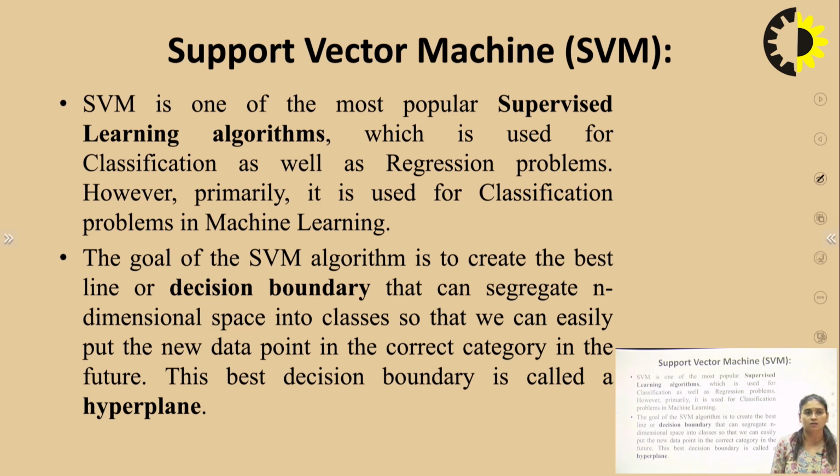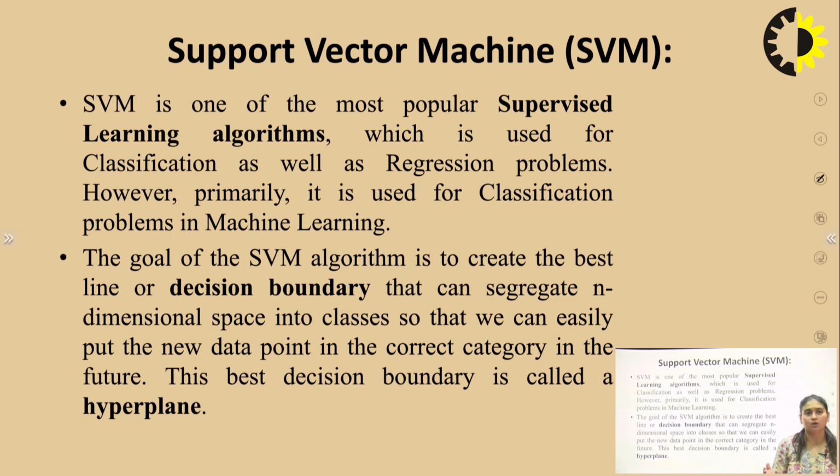Decision boundary is nothing but the best line which can segregate the data into different classes, as we are classifying the data into categories. So it can segregate n-dimensional space into classes, so we can easily put new data points in the correct category.